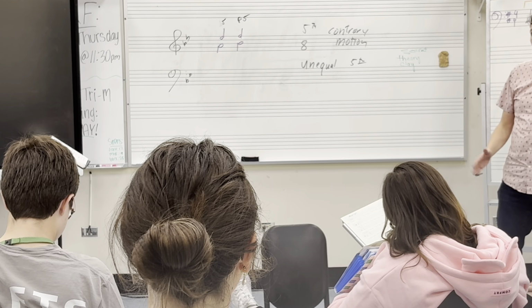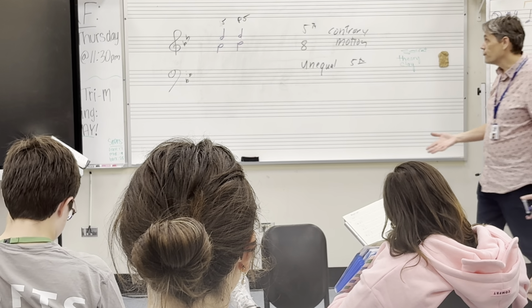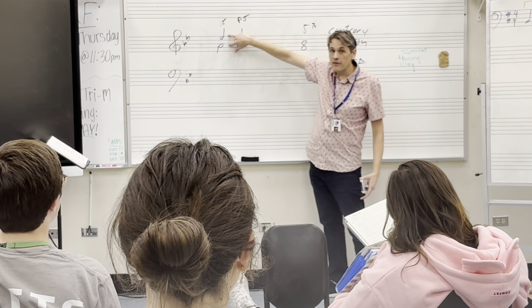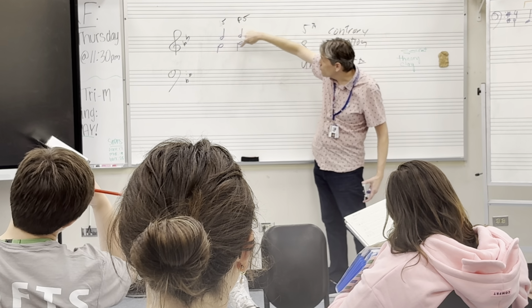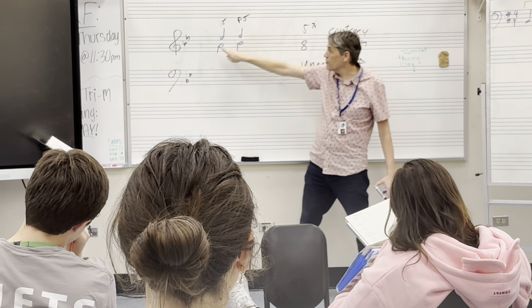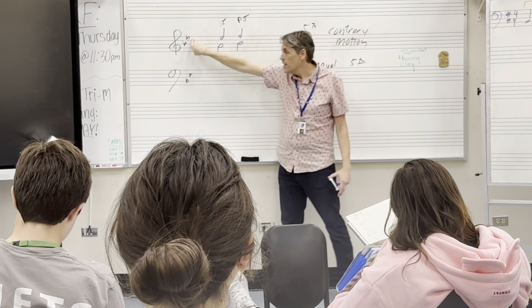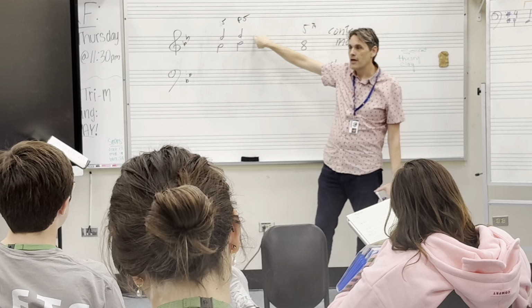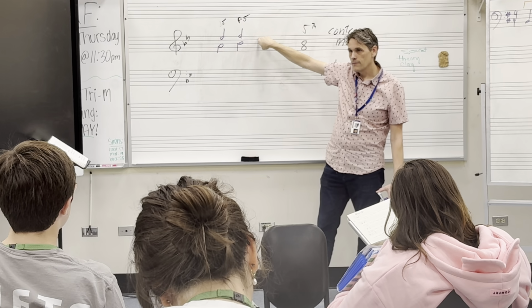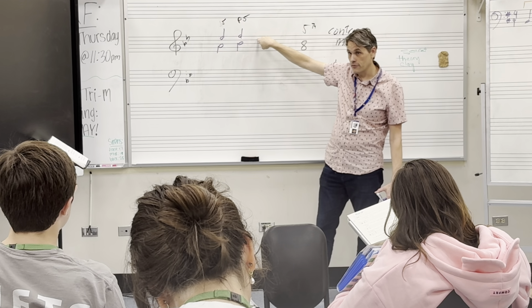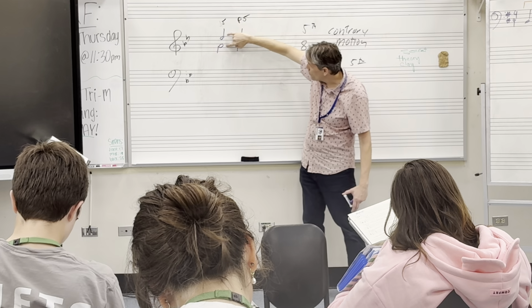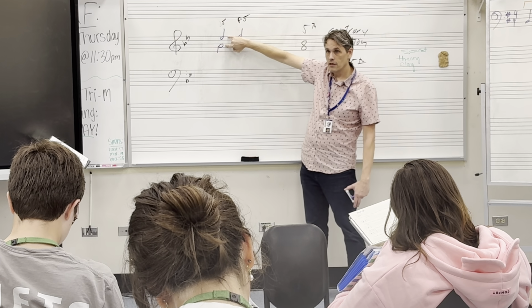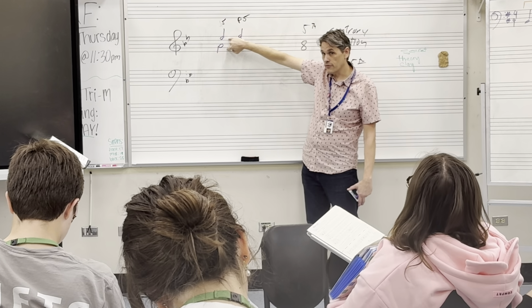Unequal fifths are also not allowed. So this is the mistake that people make, not because they don't see the fifths, but because they don't pay attention to the key signature, and they tell me it's a parallel fifth, and I mark them wrong, because it's not a parallel fifth. It's unequal because A to E flat is a diminished fifth.